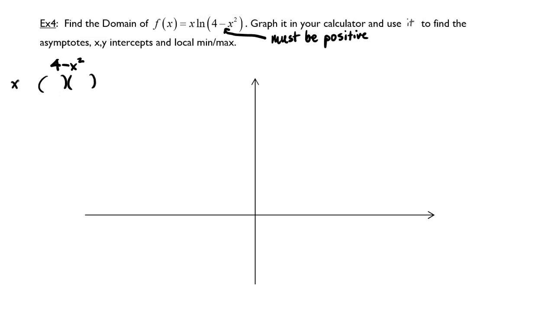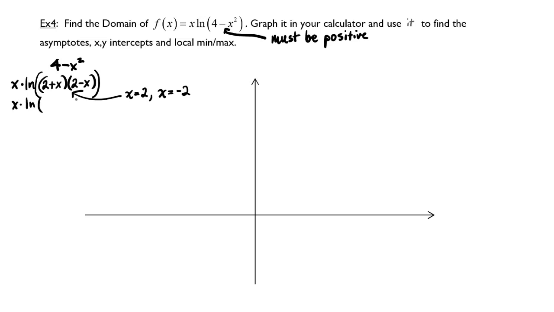That means that I'll have x times the natural log of 2 plus x times 2 minus x. Therefore, I will have zeros, or critical points, we'll say, at x equals 2 and x equals negative 2.